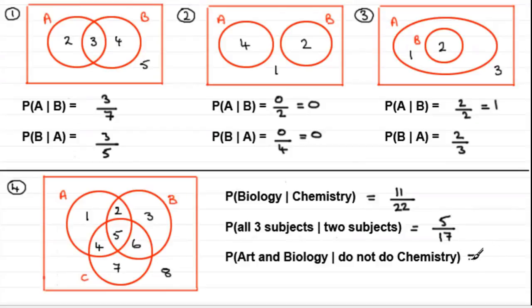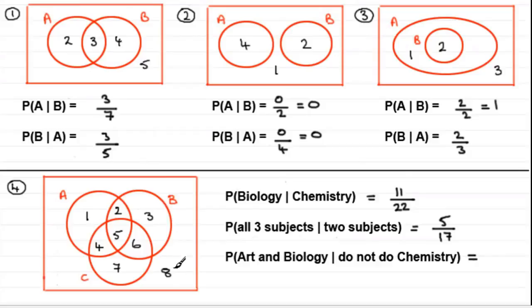And for this last one, what's the probability then that someone does art and biology given that they do not do chemistry? Well, if they do not do chemistry, that's going to be the people outside of C. And that's going to be the 1 person here, these 2 people, these 3 people, and these 8 people. Okay, 1, 2, 3, and 8.